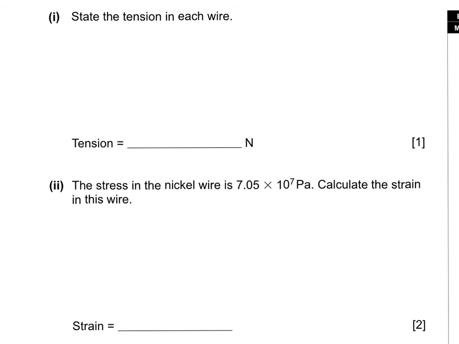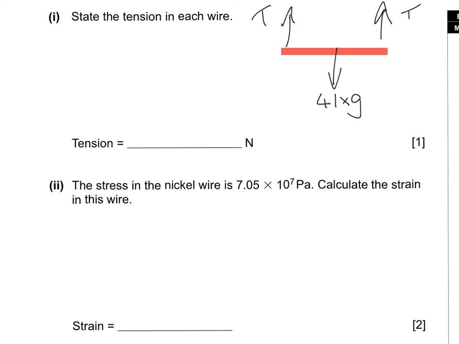So they ask us to state the tension in each wire. We recognize that we've got tensions pulling up and they're going to be equal, and we've got a downward force of 40 kilograms plus 1 kilogram, so 41 kilograms times g downward, and we've got T and T upward because the kid's in the middle, so these T's are going to be even.